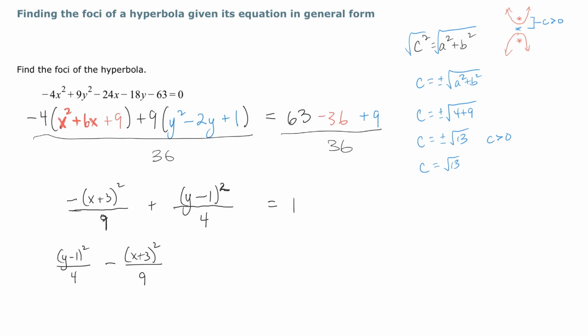How do we find the foci? Well, we need the center. And the foci are located vertically, up and down. So for the foci, we have an x, which is negative 3, and then we have 1 plus or minus root 13.